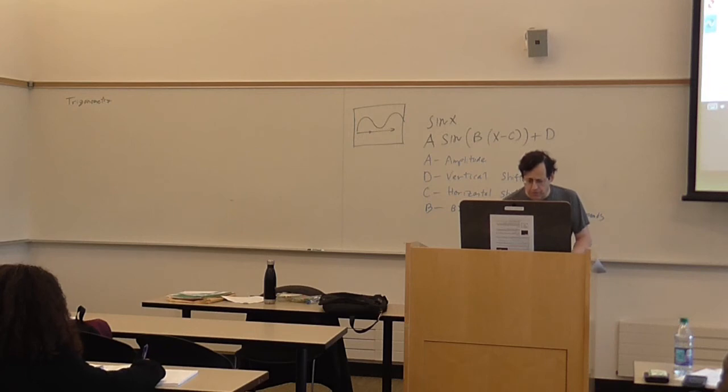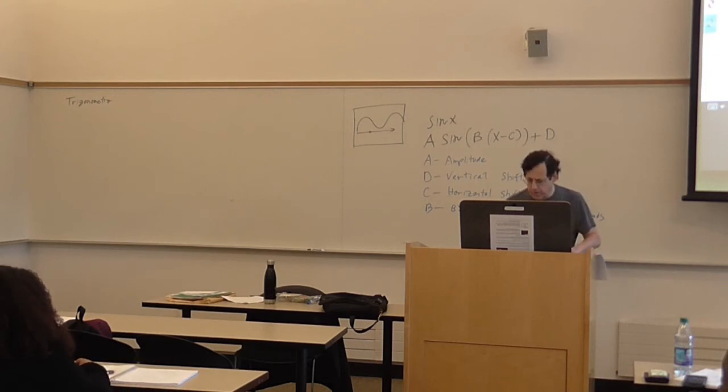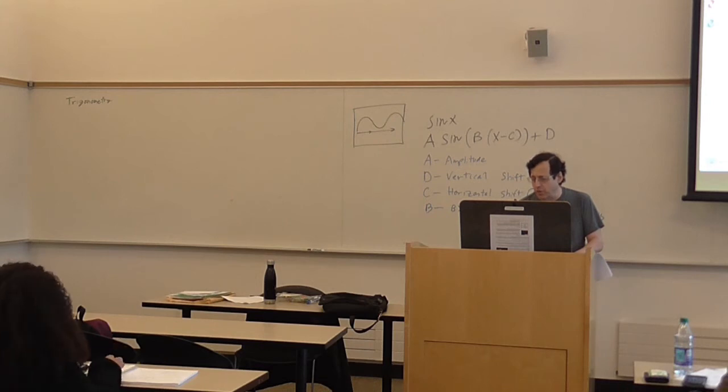So you can see my cursor, right? So the period here, let's go back to 2 for a second. The period on the pink line goes from 0 up, down, and then back to about 6.28, 2 pi. But now, if I look at the green, it goes from 0 up and down to about 3.14, pi.